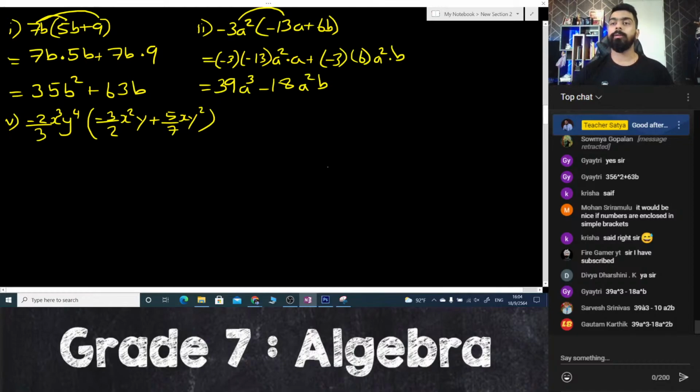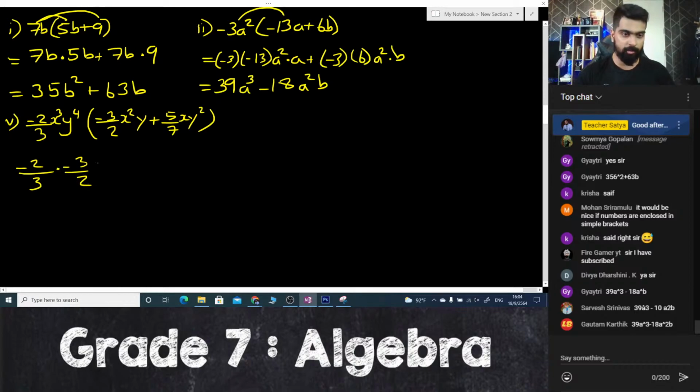All right, guys. Now, what do we have here? We are going to multiply the term in front of the bracket with the term inside the bracket. So let's multiply the numbers first. Negative 2 over 3 multiplied with negative 3 over 2, and then we are going to multiply the variables.